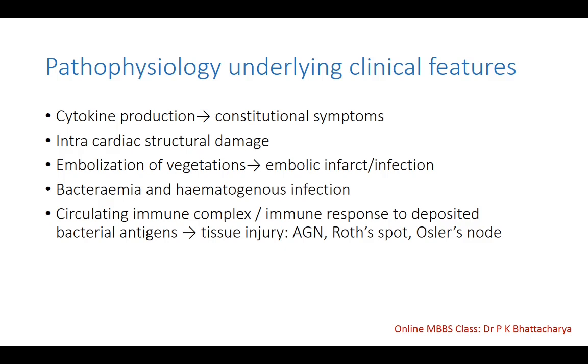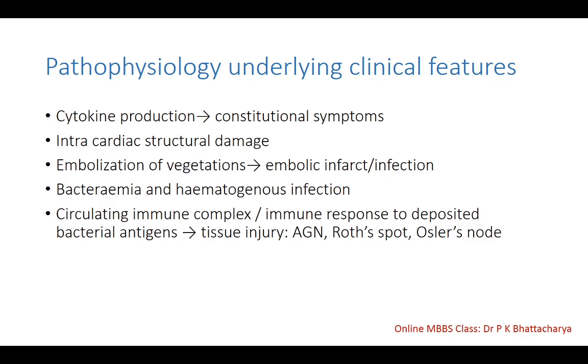Then the embolization of vegetations into distant sites may lead to infarct or infection in different parts of the body, starting from infarction of the brain, the spleen, the kidneys, or infection in different sites of the body. Then bacteremia from that site. And another important area is that these infections produce immune complexes.